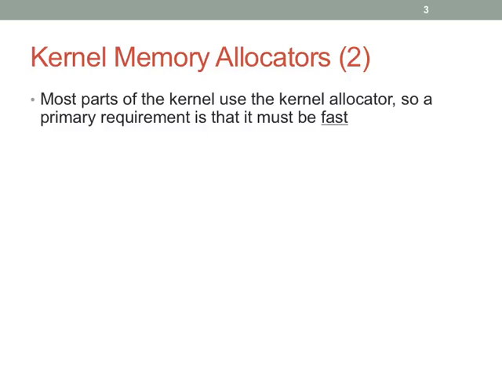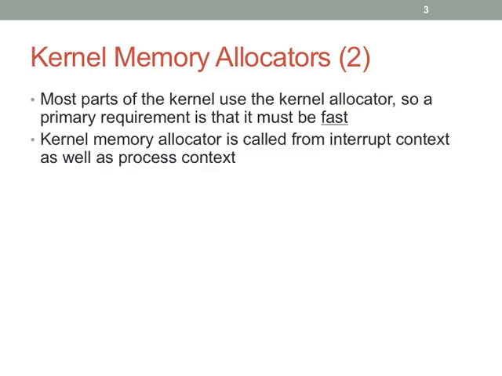If you think about it, the kernel allocator is really crucial for it to be a clever piece of software because everything is going to use it. And so, first of all, it has to be fast. It may be called from interrupt context. And that always complicates things because if you call malloc in your user space application, well, you may or may not block on that call.